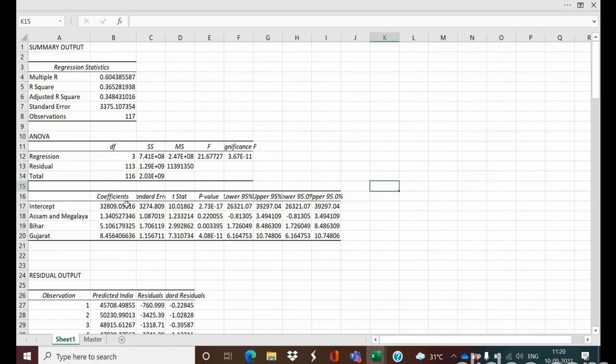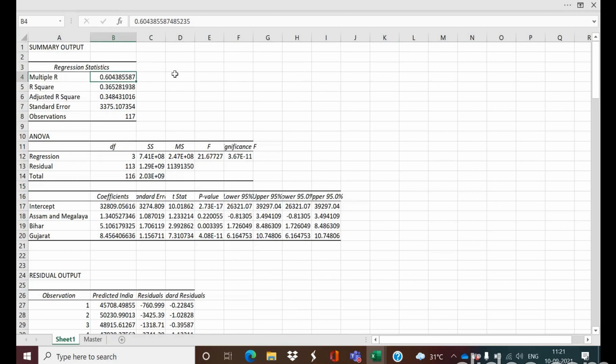First of all, since you have three independent variables, the multiple R is 0.6, which is okay. R square is 0.36, which is not so okay. When you take all the three variables, R square is drastically coming down. Adjusted R square will be marginally less than R square. So that means that it is not a very good model from the R square.